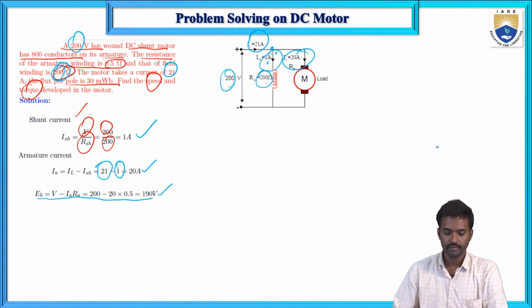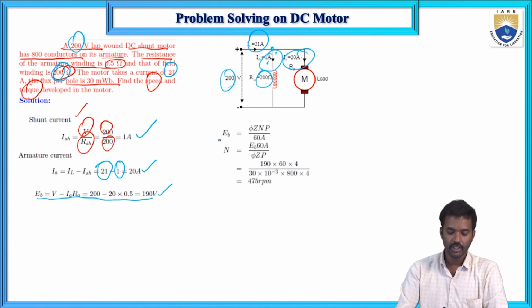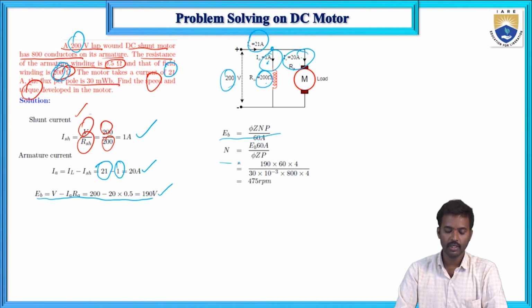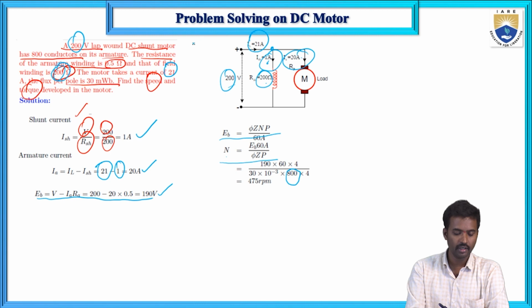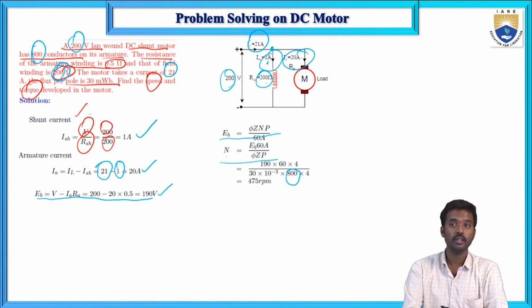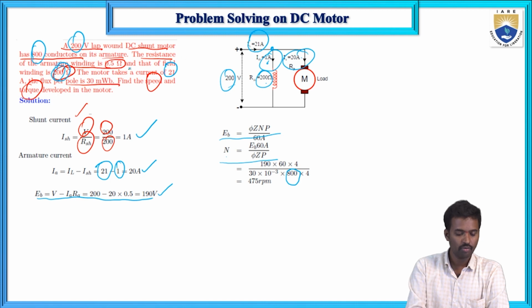Next, EB equals Z n phi by 60 into P by A. We discussed the same type of problem previously. So now N equals EB 60 A by Z phi P. Here Z is 800 conductors, and it is lap connected.